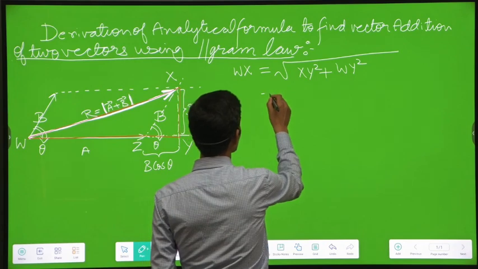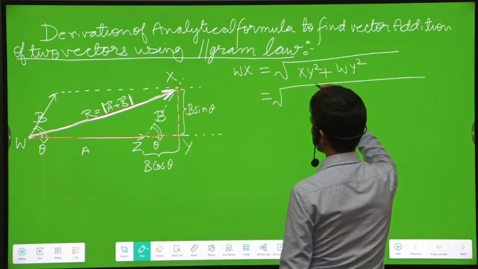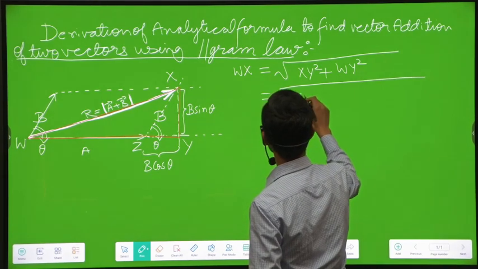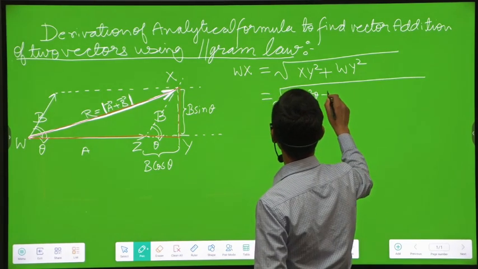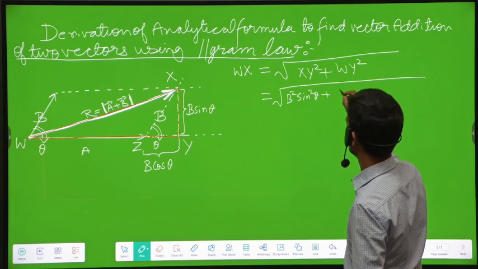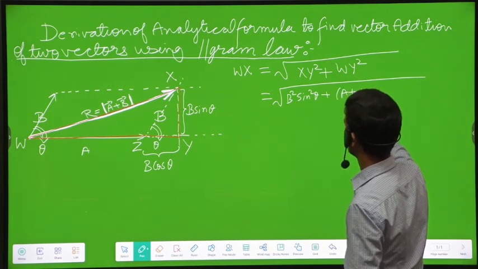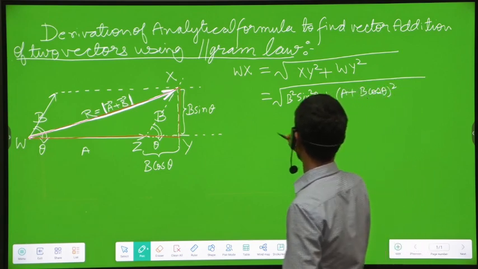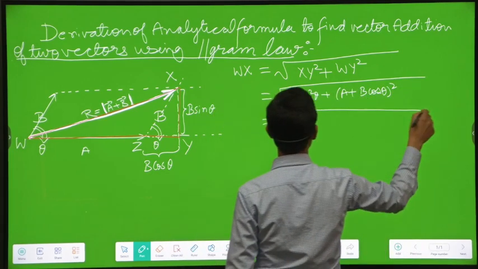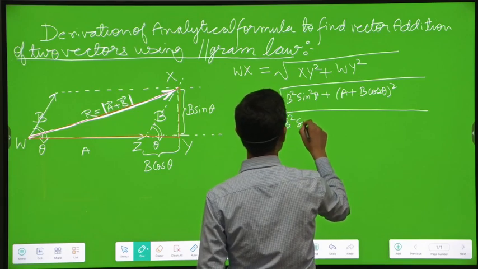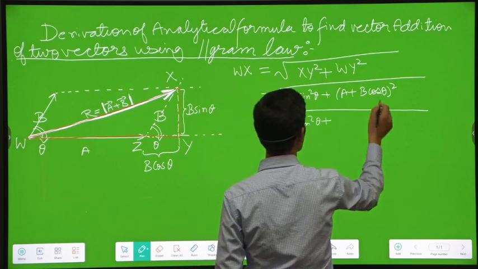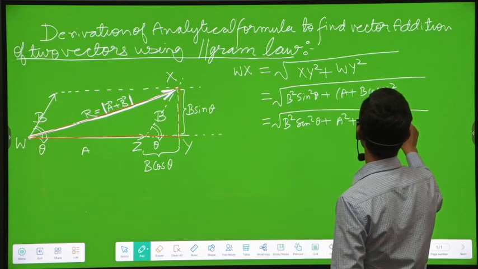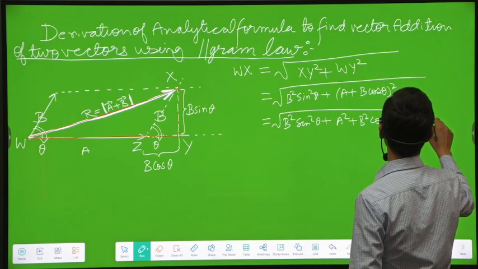So XY square means B square sine square theta, plus WY square means (A plus B cos theta) square. From here it will be B square sine square theta plus A square plus B square cos square theta plus 2AB cos theta.